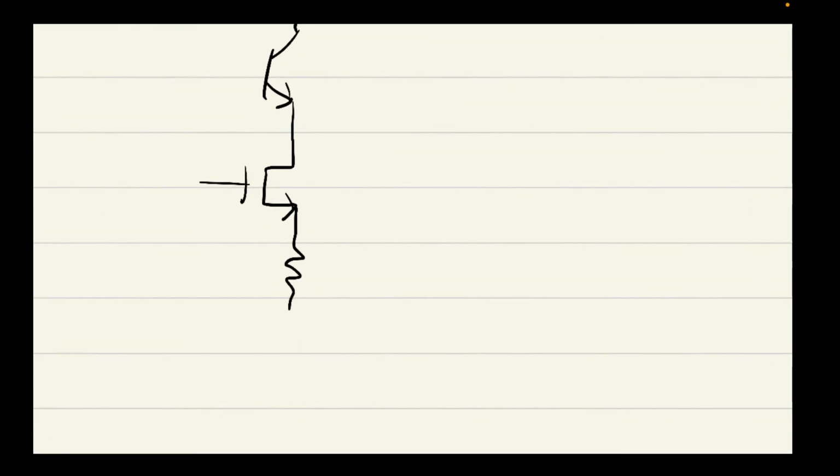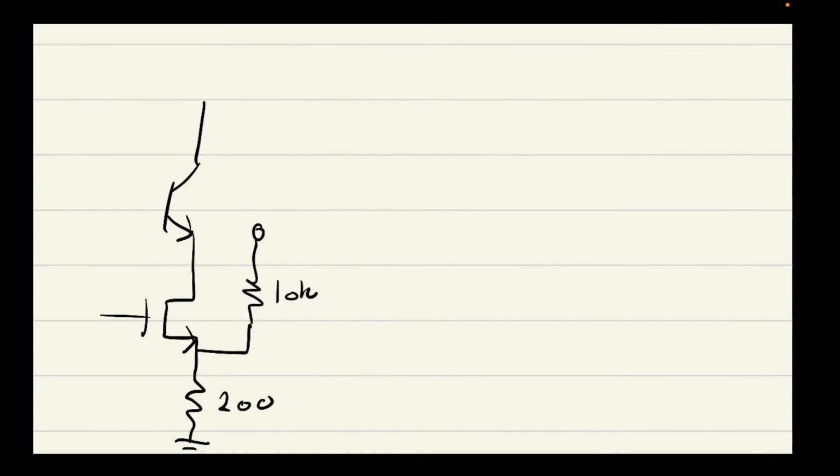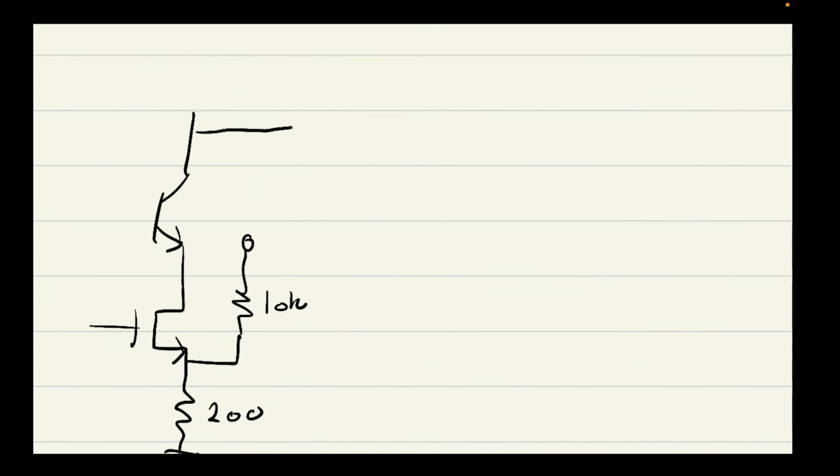Okay, so 200, 10K. Here's our floating node. And then I'm just going to draw the rest of the circuit in over here. Oh no, where did I... Oh, okay, you guys didn't see that, but I accidentally exited the document. 10K, yeah.